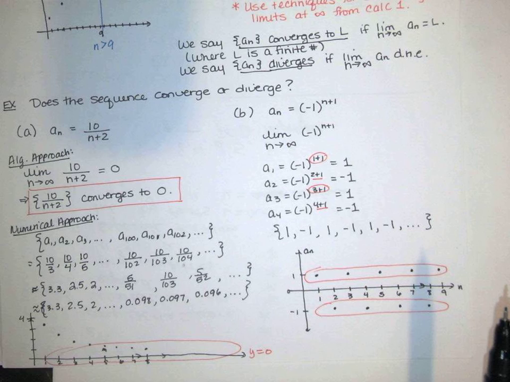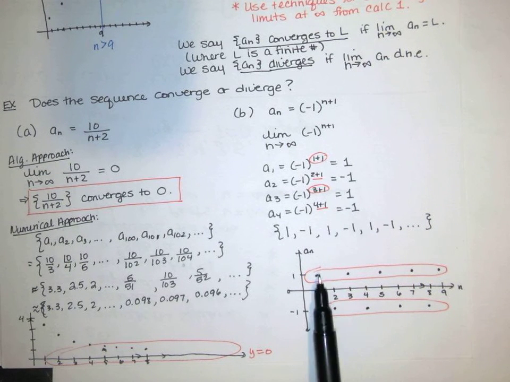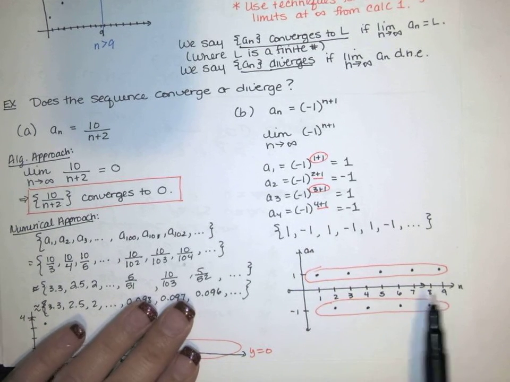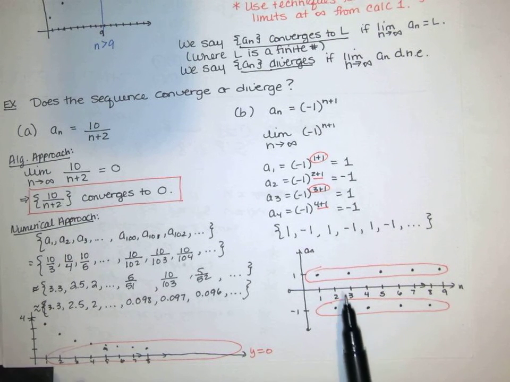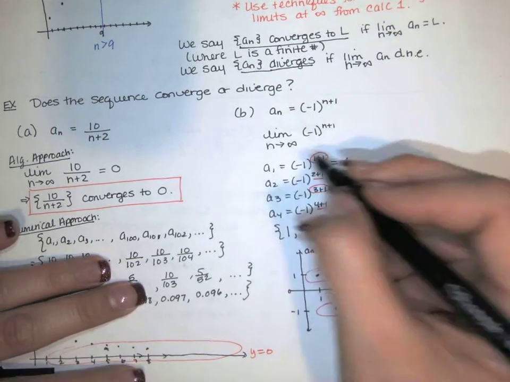You only get one limit. If you've got two, these are called subsequences. They're sequences within the sequence. They all stay in the same order and you look at them in the same order that they came in. You got one subsequence where they're all 1 and one subsequence where they're all negative 1. If you've got two subsequences with different limits, the limit does not exist. So this limit does not exist.